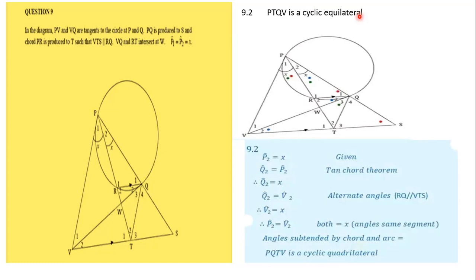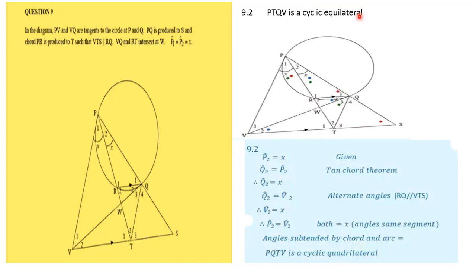It's very important that you go back to the grade 11 textbook and find the properties of a cyclic quadrilateral. You can read them there and also go through the theorems from number 1 to number 9. You'll be able to solve this question.